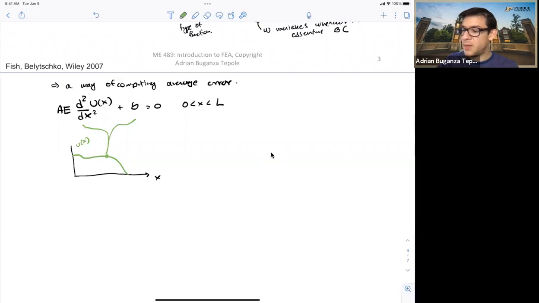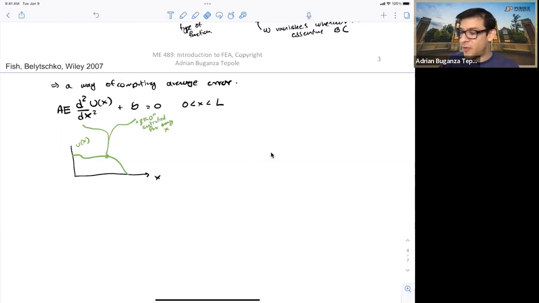This equation, which like I said is sort of sum of forces equals 0, has to be satisfied for every x. So for every single point here, that should be the case.